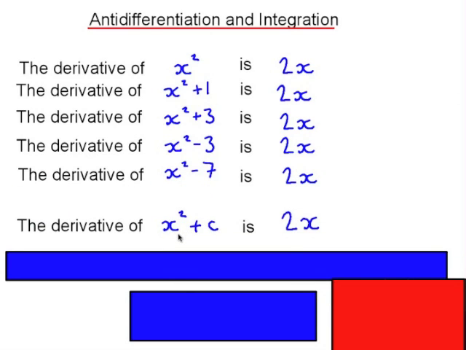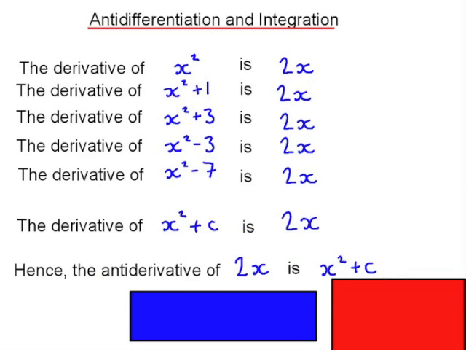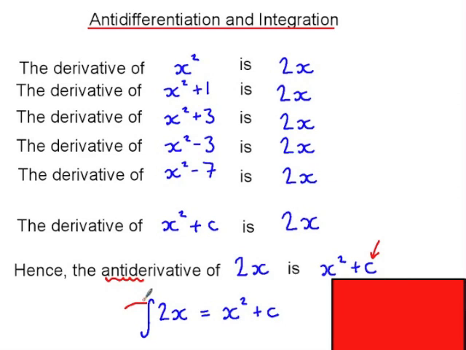So generalising this, the derivative of x squared plus c, where c is a constant, is always 2x. And the antiderivative of 2x is x squared plus an unknown constant. We use this symbol for antiderivative, but the correct name for it is an integral.